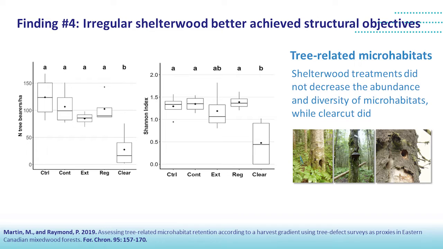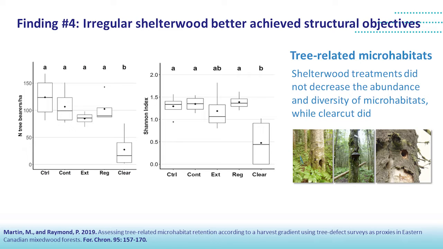I know it's getting fancy there, but you can see here that again in the clear cut the number of tree bearers per hectare were much lower and decreased compared to the control, and there was no significant effect for the shelterwood treatments.